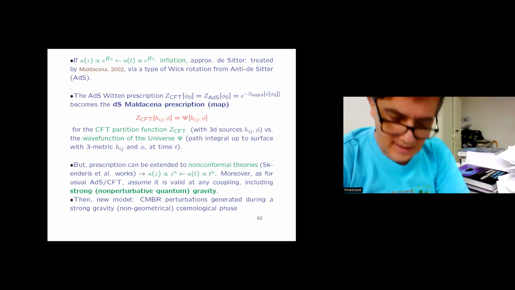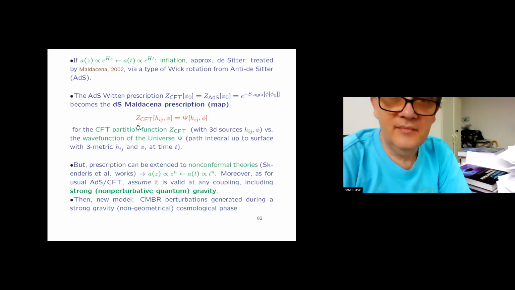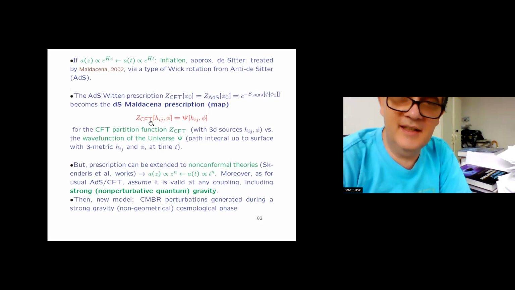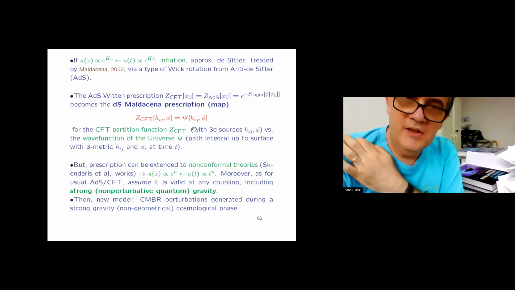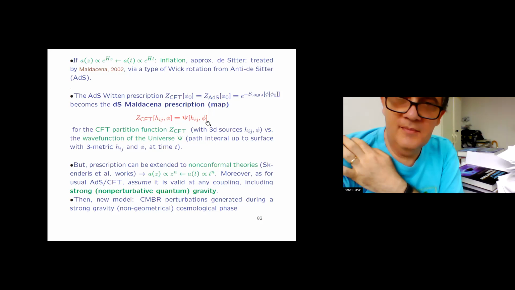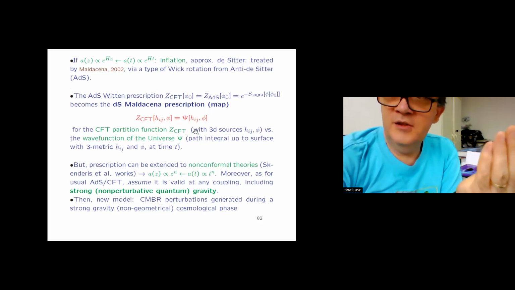When one does this Wick rotation, Maldacena finds a map where now the partition function in the CFT, depending on these phi's but also now fluctuations of the metric, Hij, is equal to the wave function of the universe, psi, as a function of the same Hij and phi.